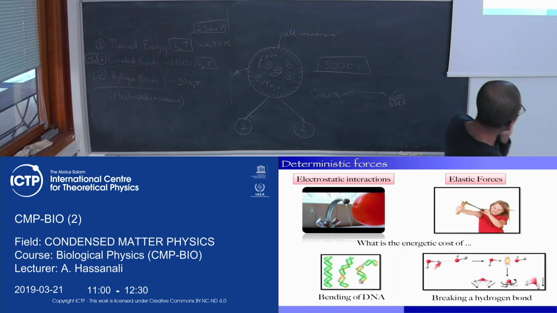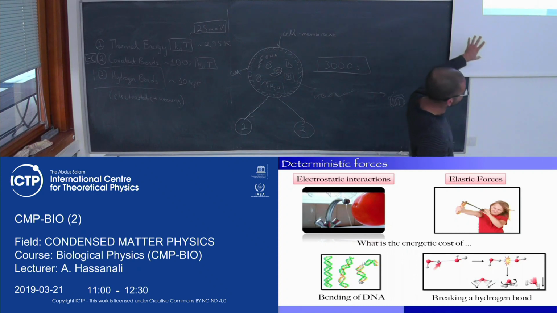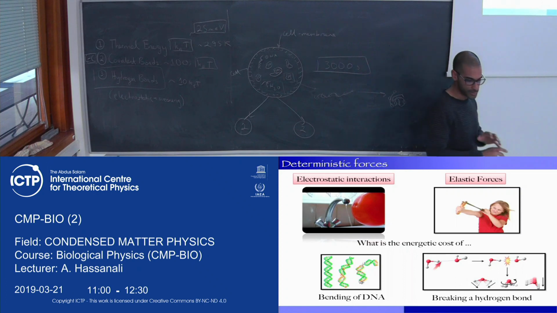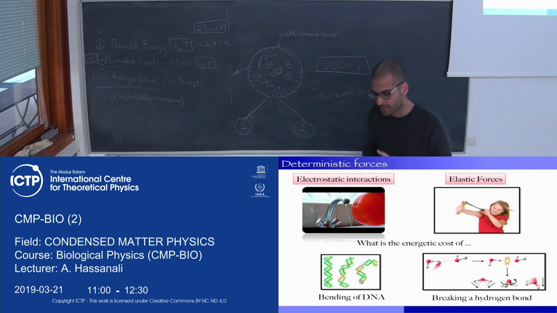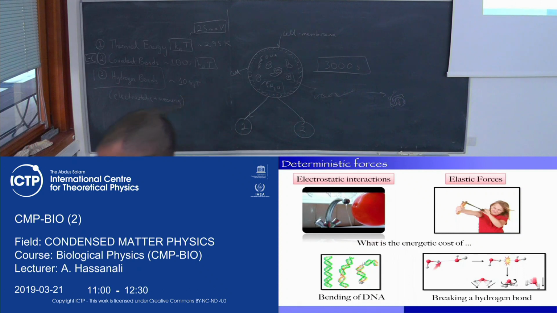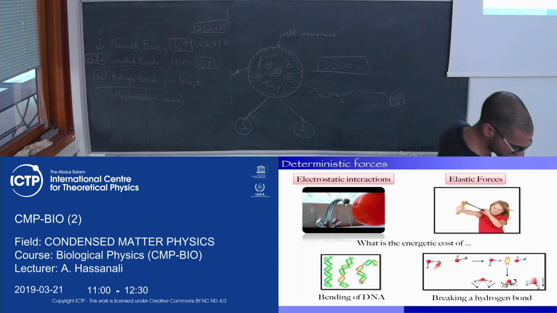Okay. And so we're going to try and consider and think about how these different forms of energy are efficiently converted from one form to the other at finite temperature. So at room temperature.